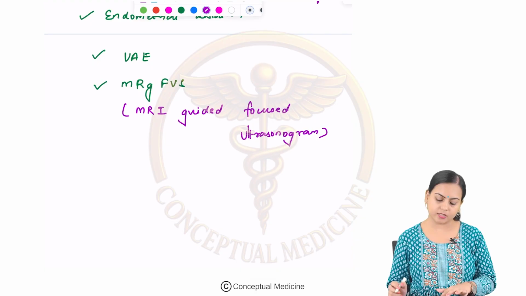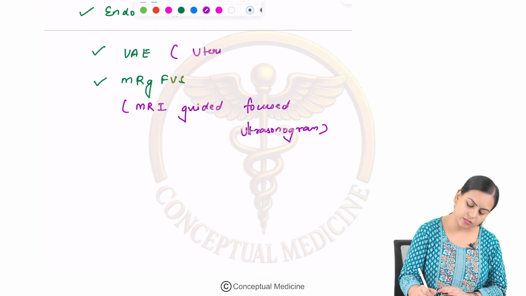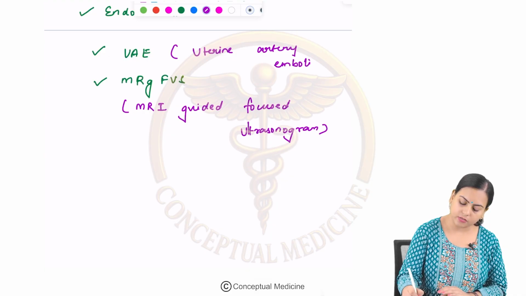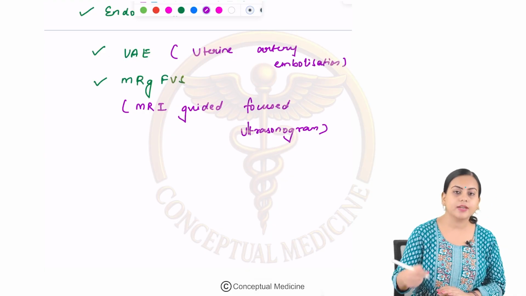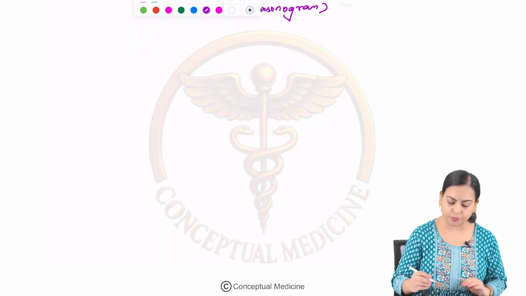Clear? Yes. So, these are some of the conservative methods in surgical management.